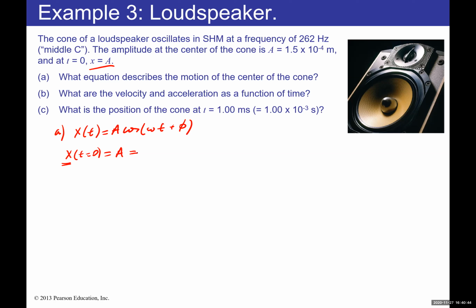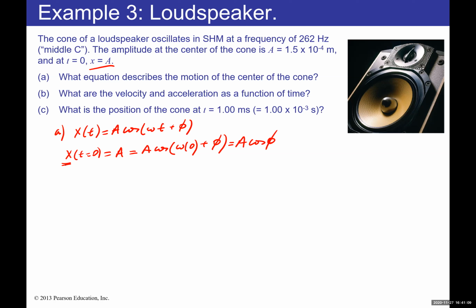We also know that x as a function of time equals A cosine of omega t plus phi, but t is 0 because we are taking the time where t equals 0. So if I plug in over here, the right side of the equation is A cosine of omega times 0, so it becomes A cosine of phi.